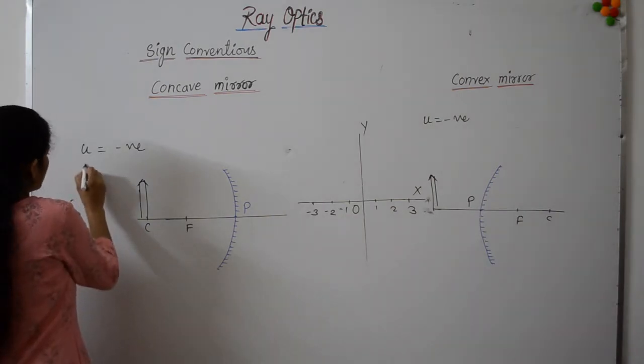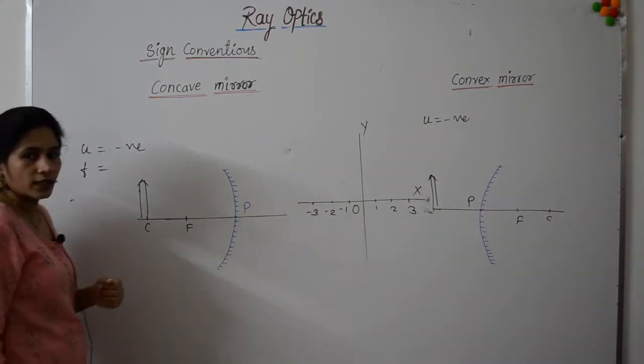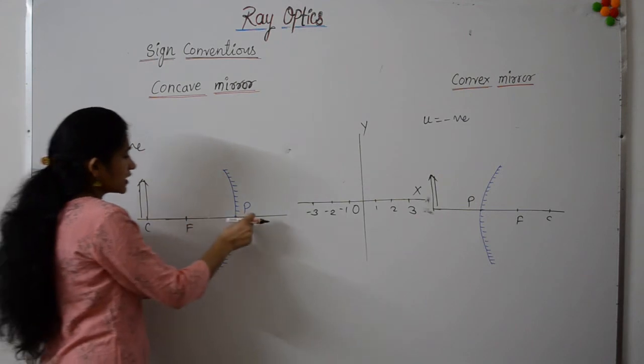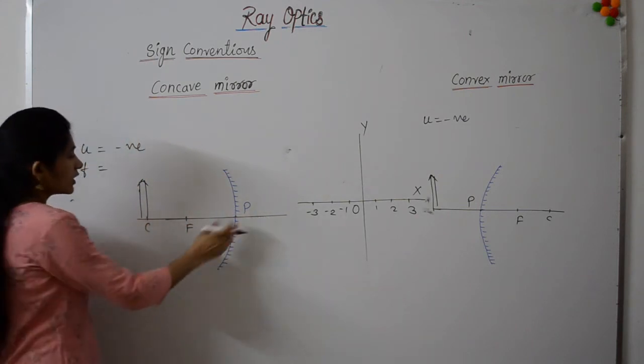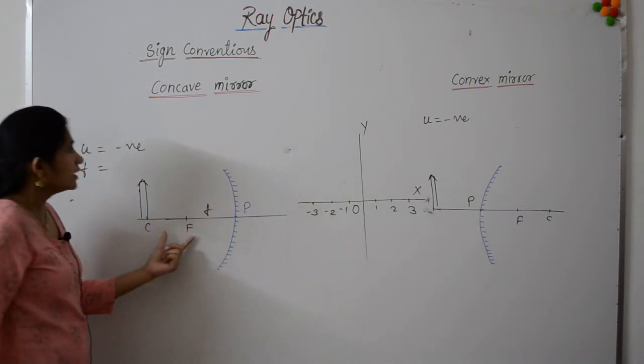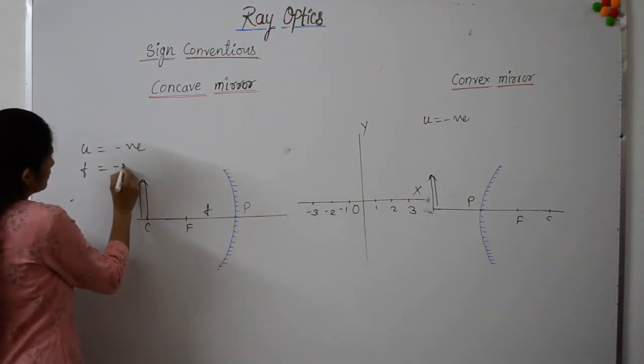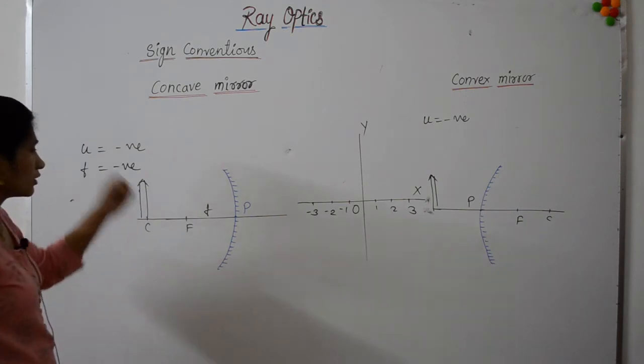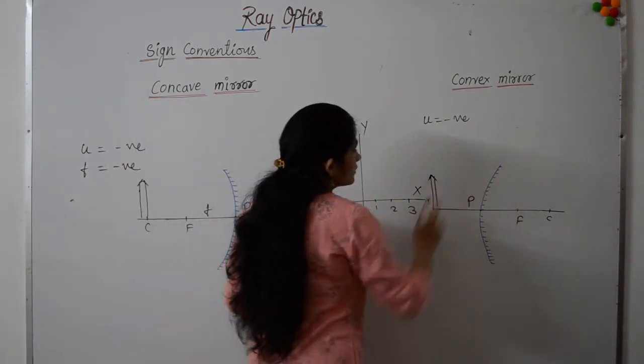Next is focal length. What is focal length? It is the distance between focus and pole of a mirror. So again it is on the left. Therefore it is taken as negative for concave mirror. Focal length is negative for concave mirror. What about this convex mirror?